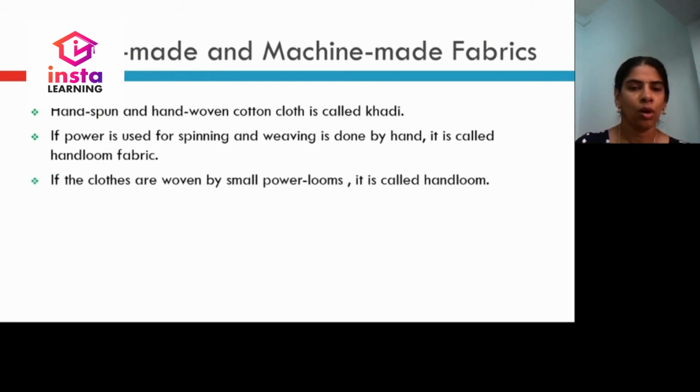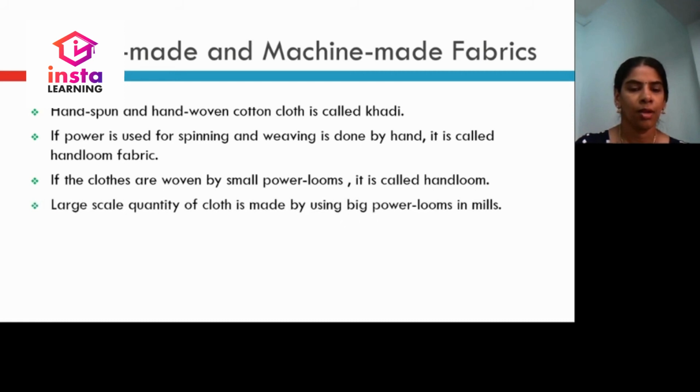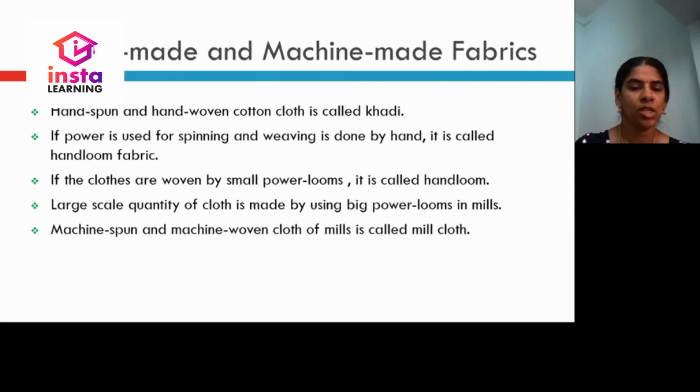If the clothes are woven by small power looms, it is called handloom. Large scale quantity of cloth is made by using big power looms in mills. Machine spun, machine woven cloth of mills is called mill cloth.